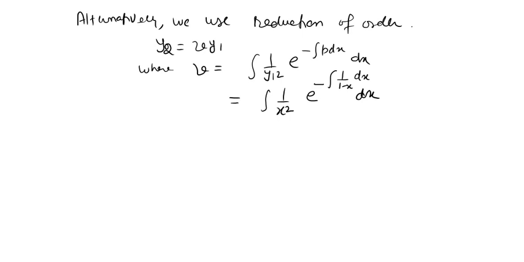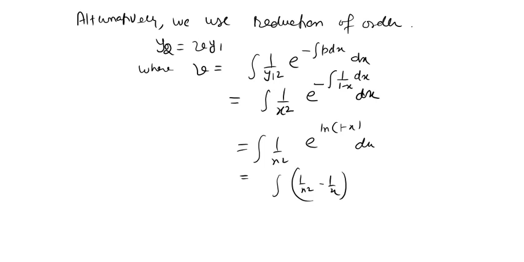On integrating you get e raised to power log (1 minus x), and e power log x is just x, so you get the integral of (1 by x square minus 1 by x) dx.